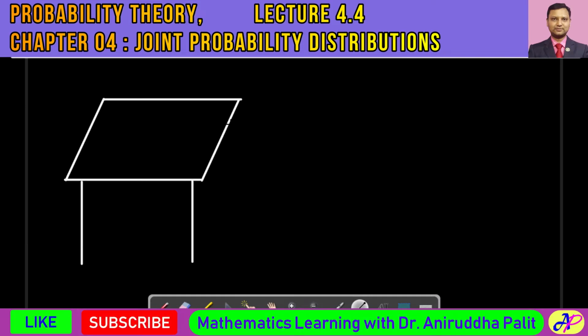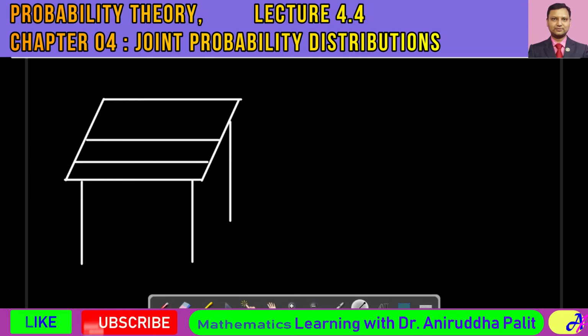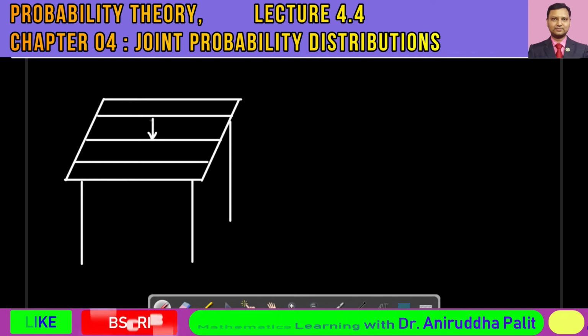You can consider the upper surface of the table as a horizontal board, and on this horizontal board we have some horizontal lines, maybe 2 or 3 or 4 lines. What would be the distance? It says that the distance between these two lines is equal to b. So the distance between these lines is always equal to b.